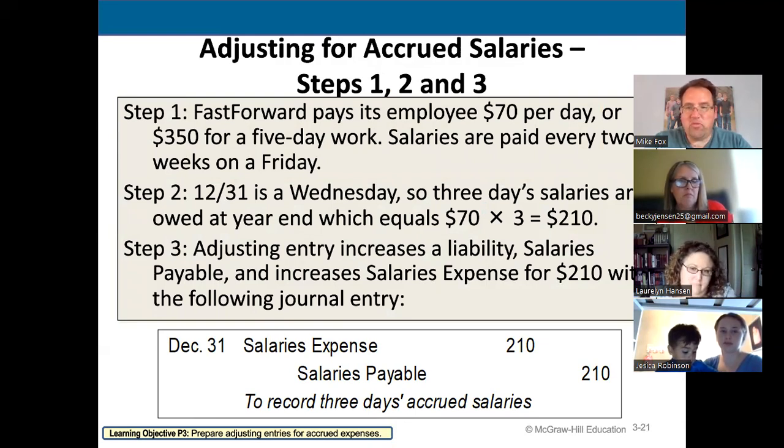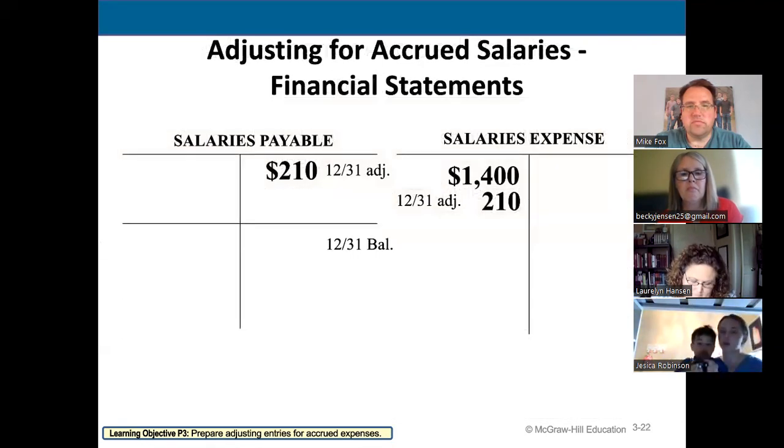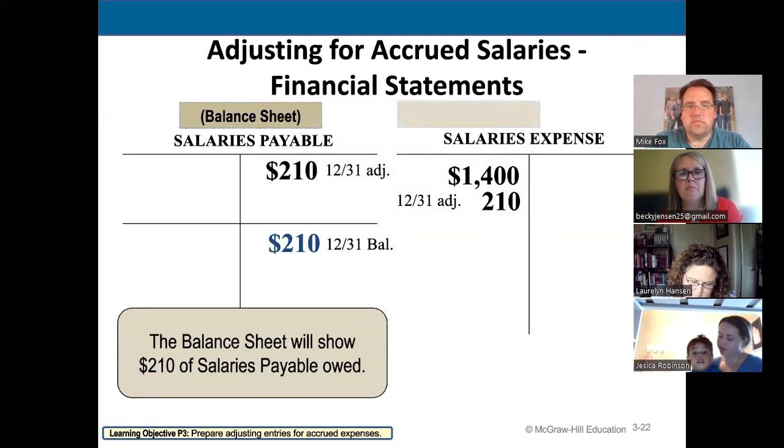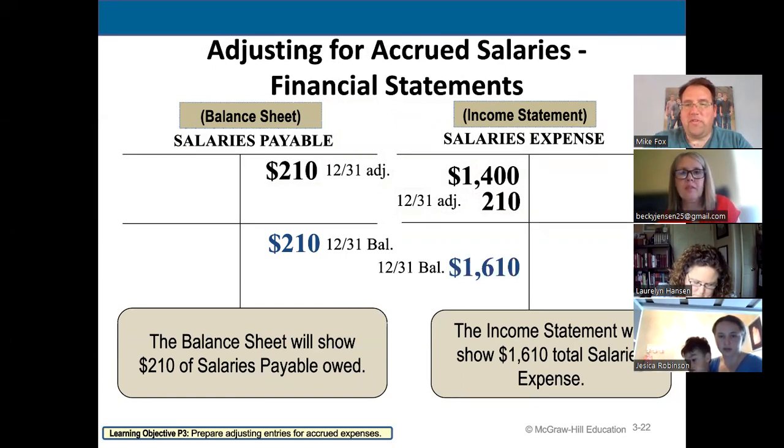It's a debit to an expense and a credit to some payable, something we're going to pay in the future. And again, like before, apparently they had already incurred $1,400 in salary expense before this happened. Now with the adjustment, the new balance at the end of the month will be $1,610.